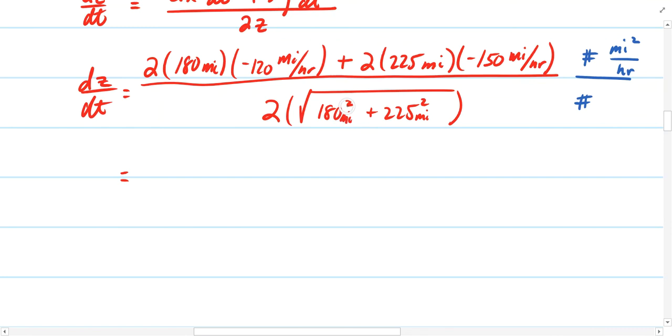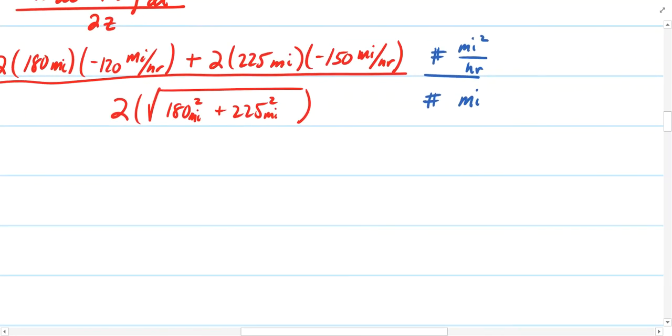In the denominator, I've got miles squared plus miles squared, which will result in miles squared. But then I'm going to take the square root of that, which will leave me with a unit of miles. And after I have a unit in the numerator that's miles squared per hour and a unit of miles in the denominator, I'll end up with a unit that represents miles per hour.